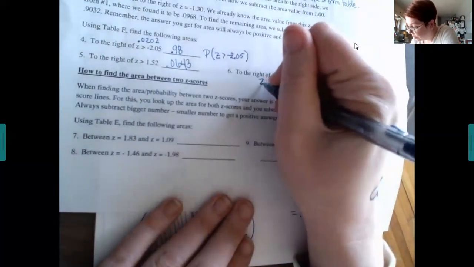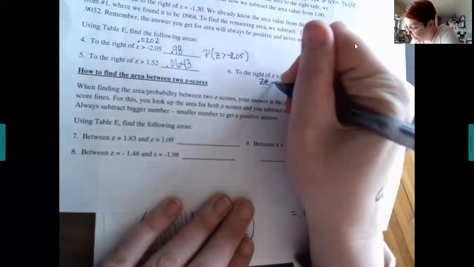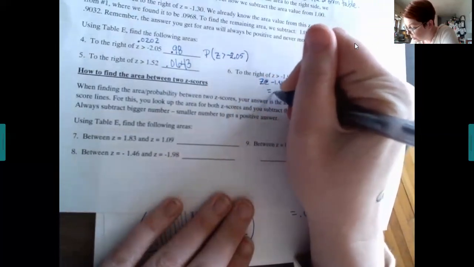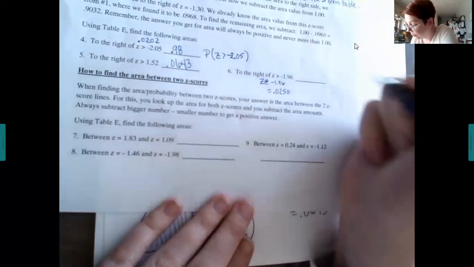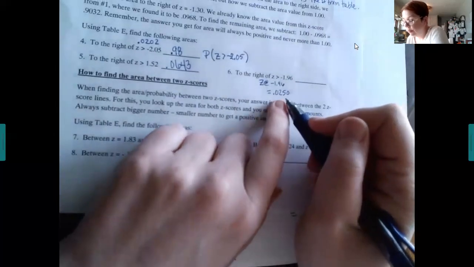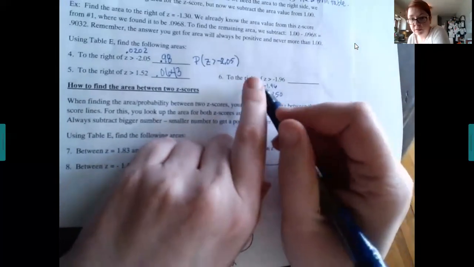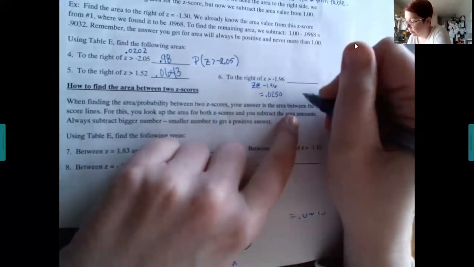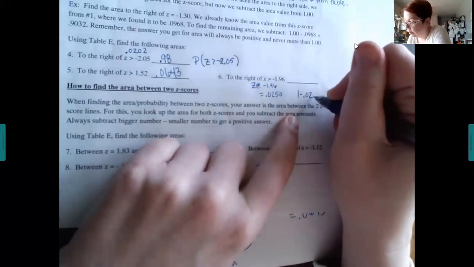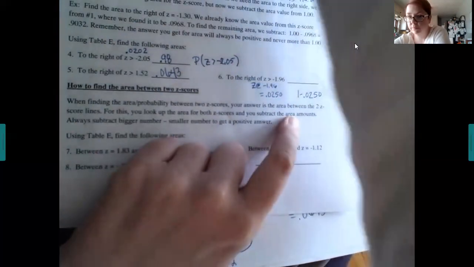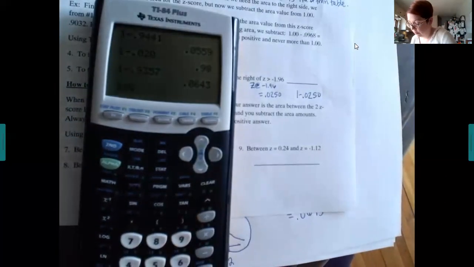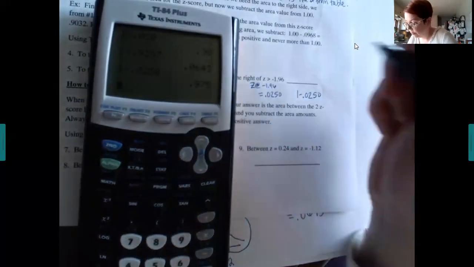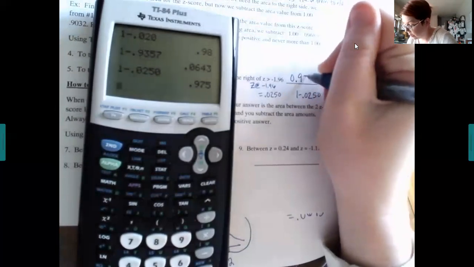So z at negative 1.96 is 0.0250. That's the probability to the left. Since we want to the right, we're going to subtract that. We get 0.975.